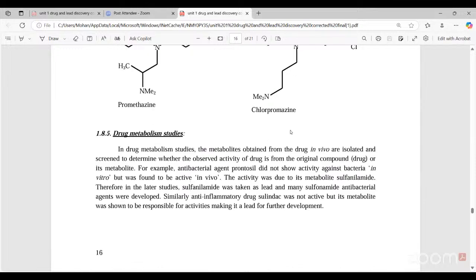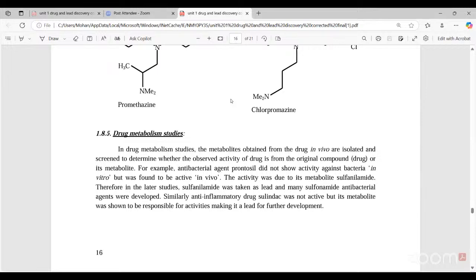Next, the drug metabolic studies. In drug metabolism studies, the metabolites obtained from the drug in vivo are isolated and screened to determine whether the observed activity of the drug is due to the original compound or its metabolite.